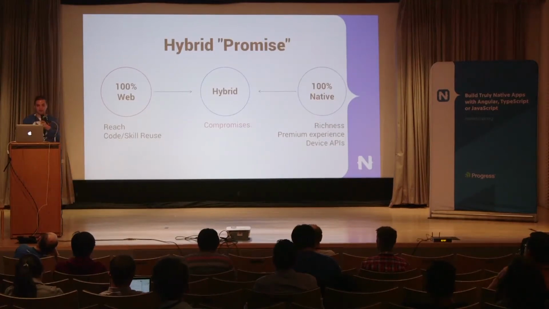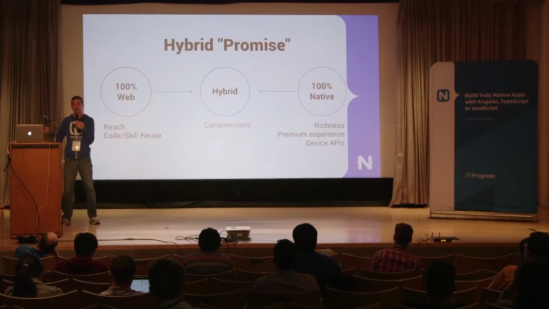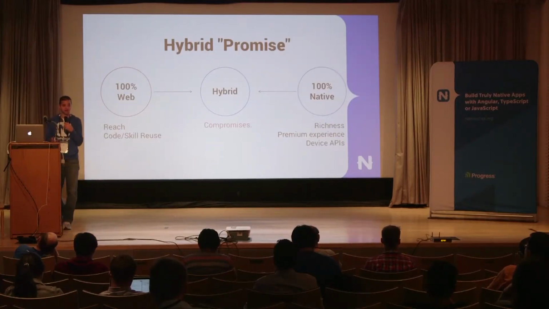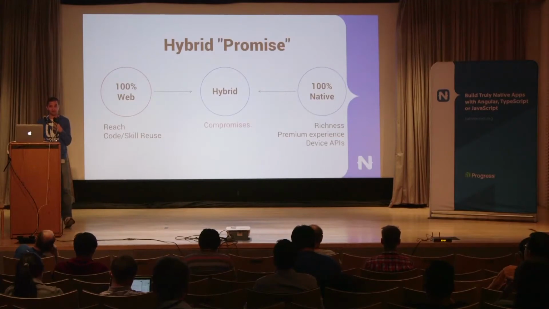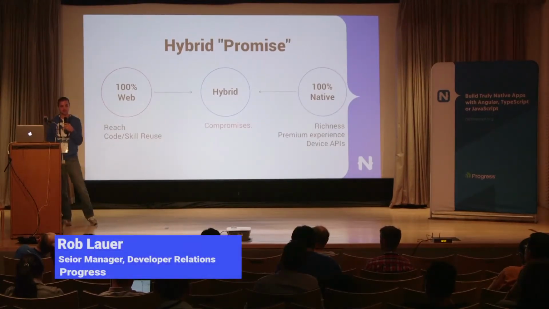Now, this allows you to get access to features that aren't necessarily available with the mobile web. So, at the end of the day, while this sounds awesome, you're kind of left with some compromises, right? Compromises based on performance and other web view-based issues that you have to deal with. Now, we believe that hybrid really has the right ideas, but maybe not the best implementation.